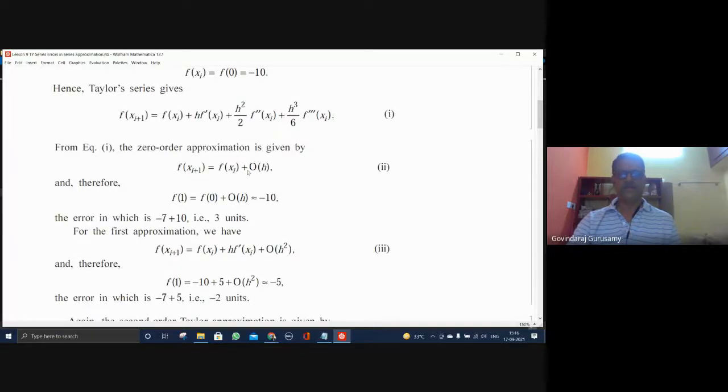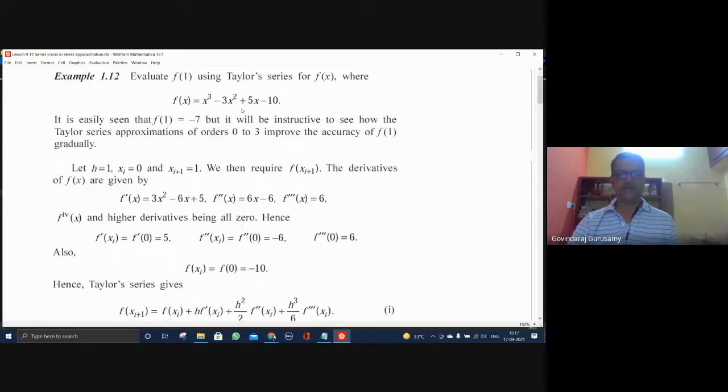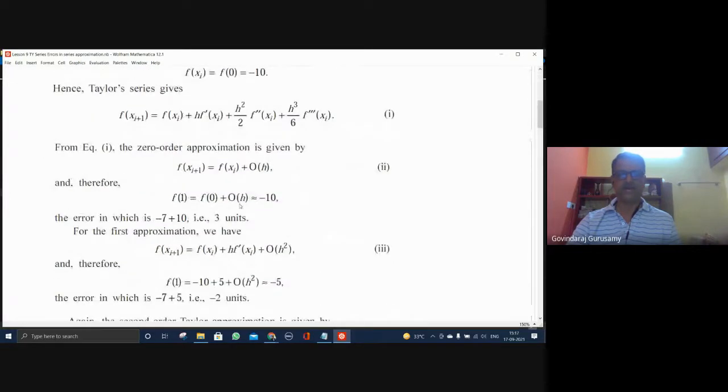This is the error, the order of error when you start with only one term. Therefore, f of 1 is equal to f of 0, which is minus 10. So the error is minus 7 plus 10, 3 units of error you have found for this function if you terminate your series with the zeroth order.